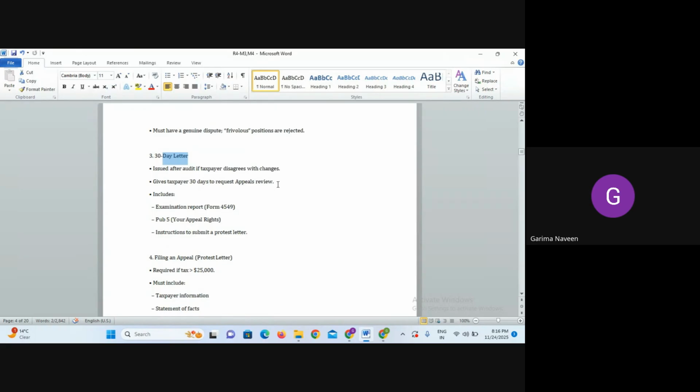If you are not applying for IRS appeal, then they may issue a 90-day deficiency letter. This 90-day deficiency letter is issued by the IRS in case you are not filing for any appeal. That means the taxpayer has overall 90 days to file a petition for tax litigation.